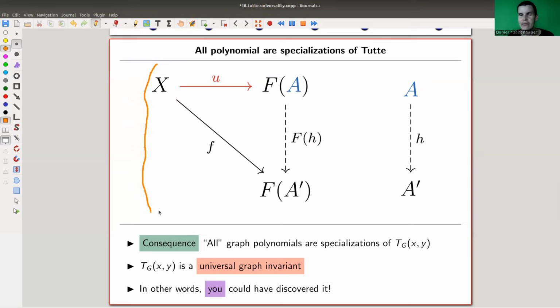But things defined by universal properties are always very important. In particular, the universal property in words is saying that you, or we, or everyone could have discovered this polynomial or this object because it's universal. So eventually, if you're studying this problem, you will write it down.